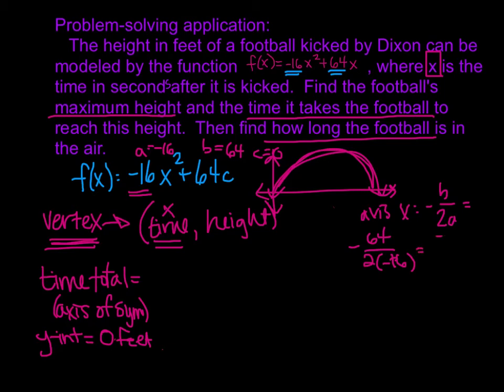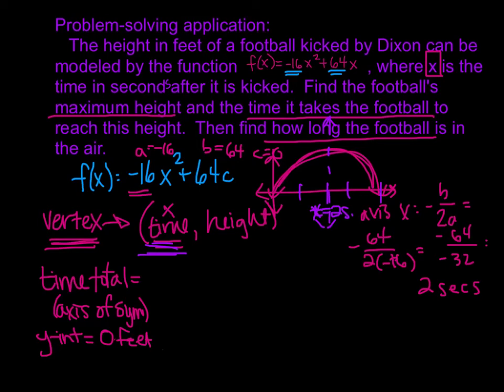So -64 over 2 times -16, which is -32, gives us a positive 2 seconds. That tells us at 2 seconds our football is at its max height. So the axis of symmetry is at x equals 2, x equals 2 seconds.